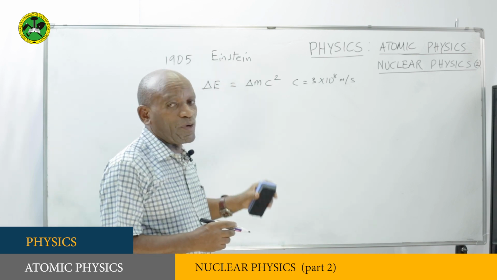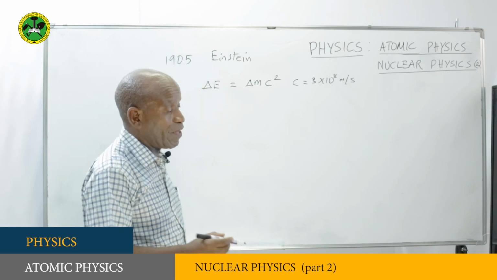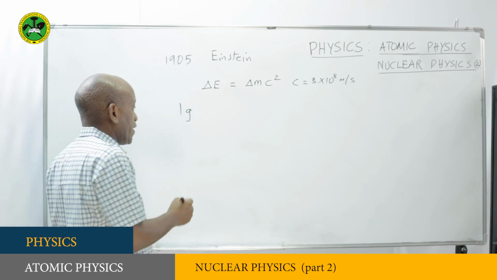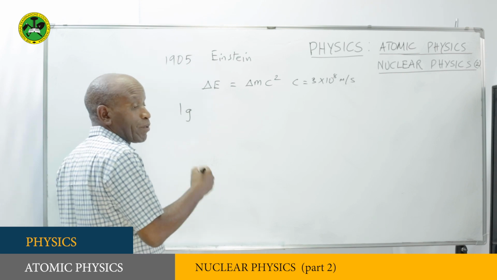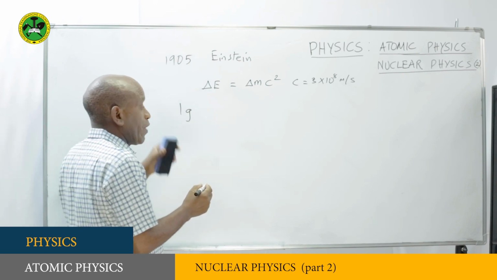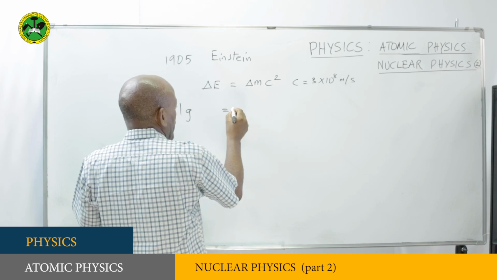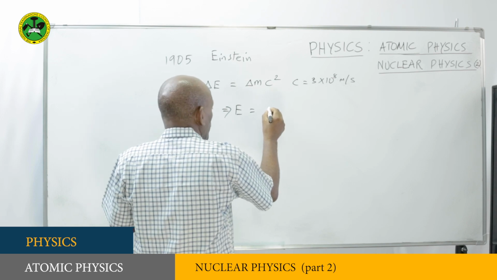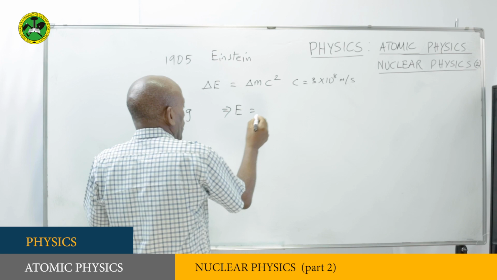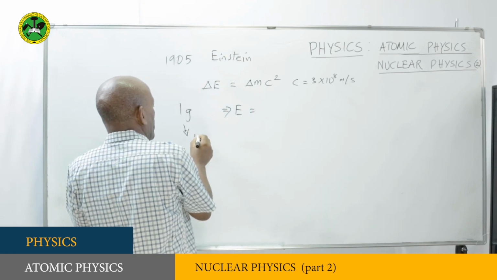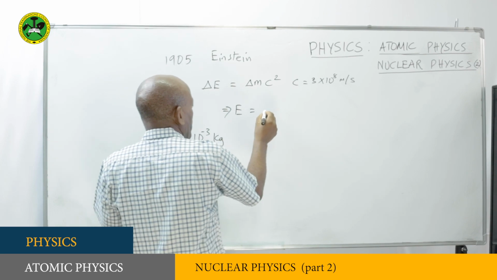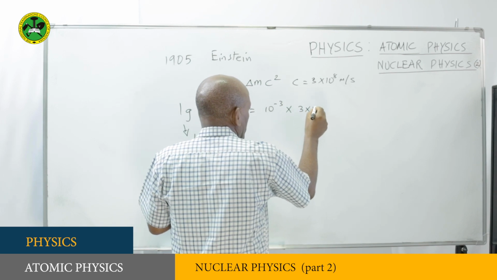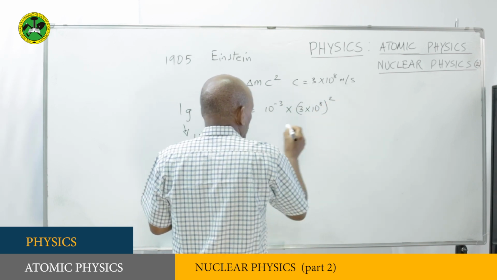Now, through this expression, we can see, for example, if you have 1 gram of a substance, the energy which might be produced due to the change of a mass of 1 gram is equal to the mass, that gram. If I take it straight to kilograms, this is 10 power minus 3 of a kilogram times the speed of light, which is 3 times 10 power 8, squared.